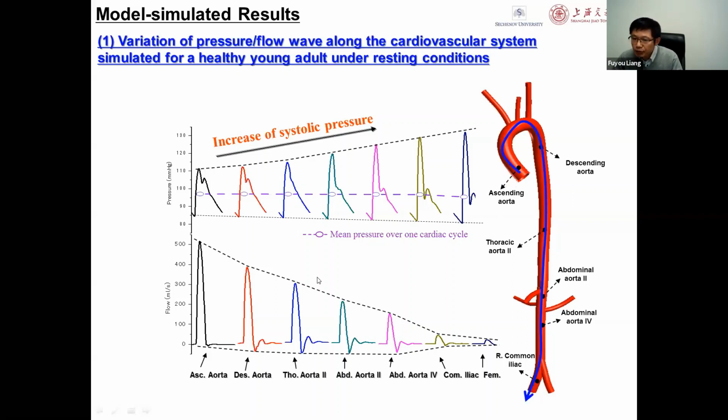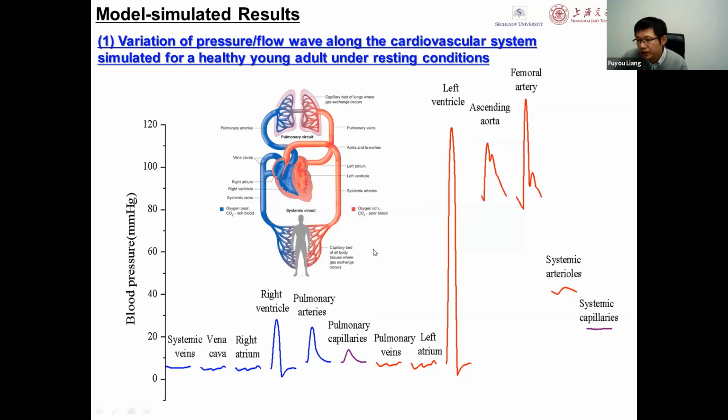As for the blood flow wave, you can see the blood flow just decreases along the aorta because of the distribution of blood through some branch arteries. And also because our model is a closed loop one, our model can also simulate blood pressure or flow waves in other portions of the cardiovascular system.